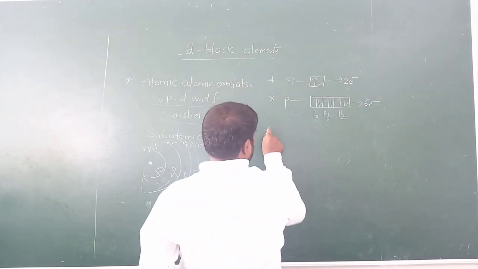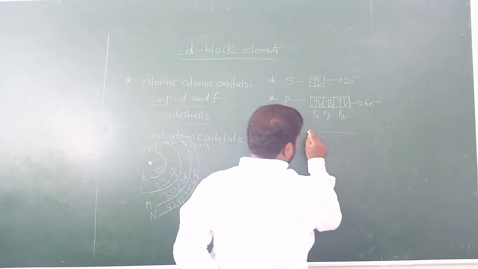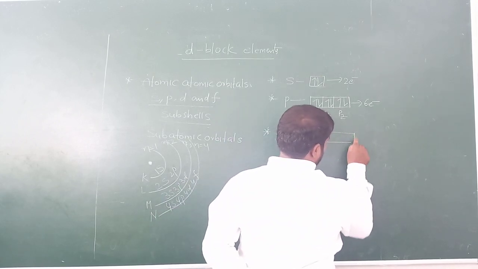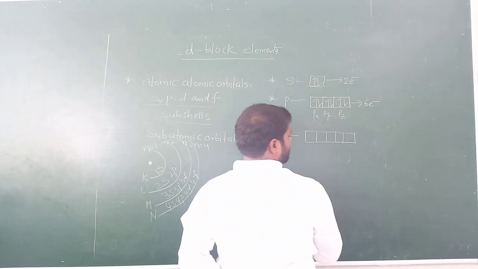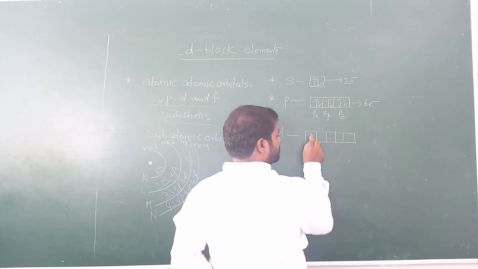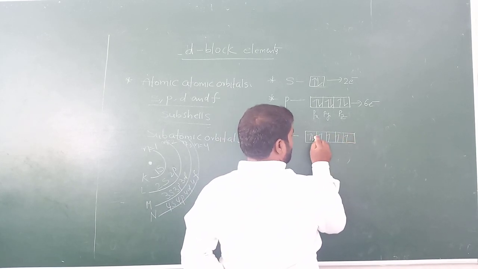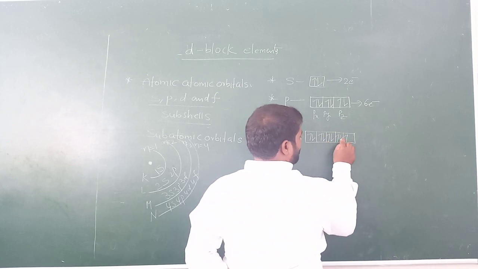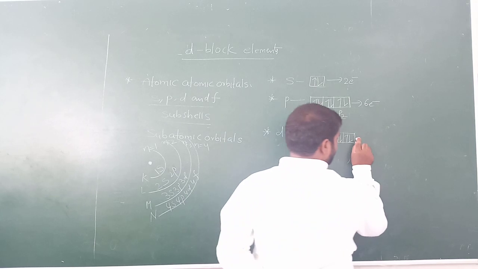And for d we have 5 suborbitals. Maximum filling of electrons: 1, 2, 3, 4, 5. How many electrons here? 10 electrons in d.